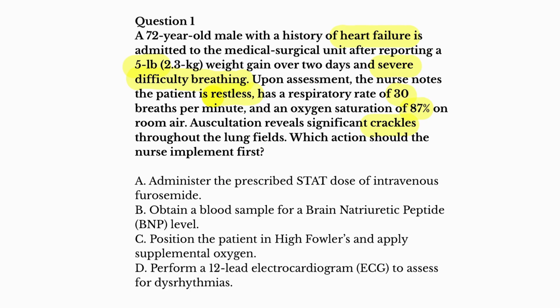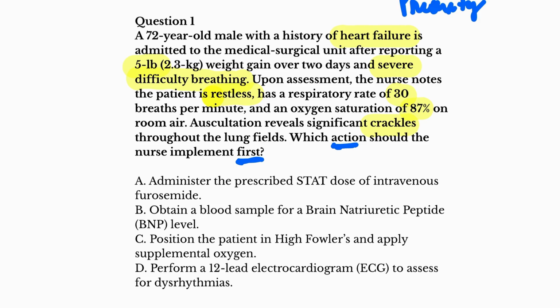And then we're going to look at what the question is asking. In here, it says, what action should the nurse implement first? That keyword tells you they're trying to find what your priority is, right? Everybody knows what prioritization questions are, right?